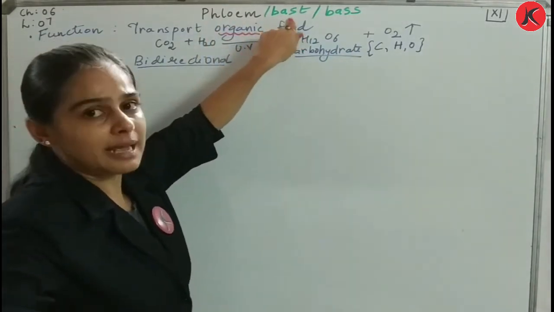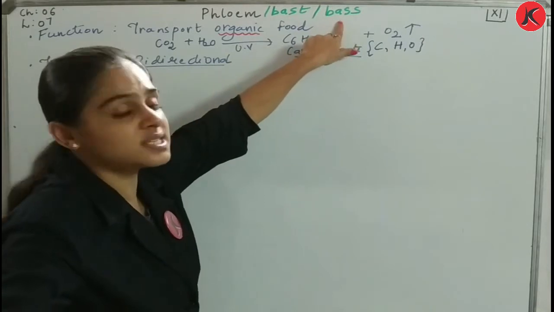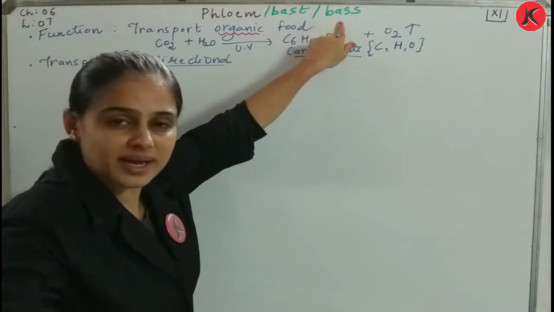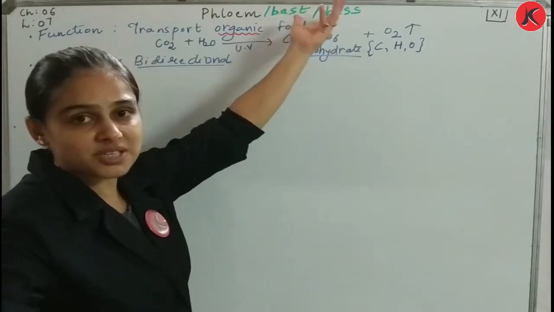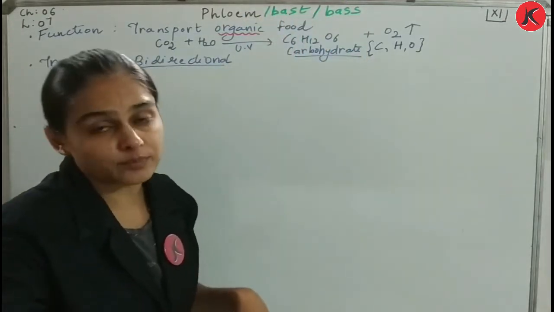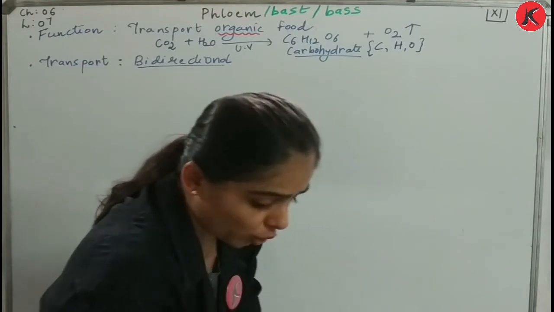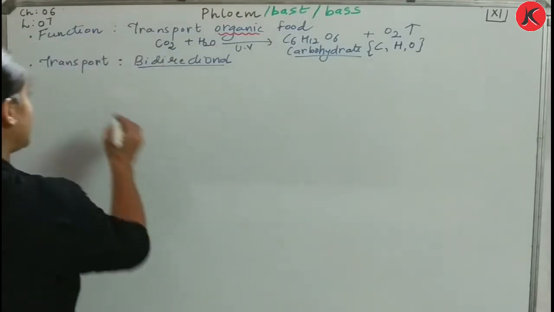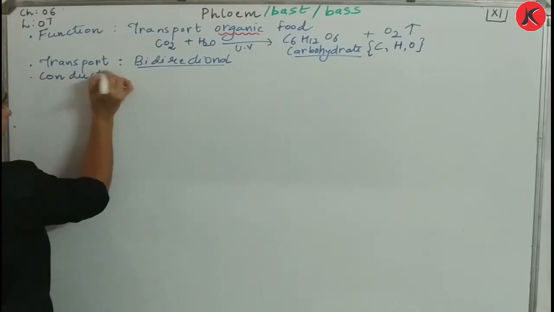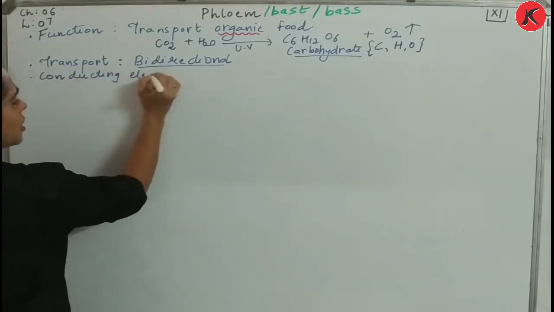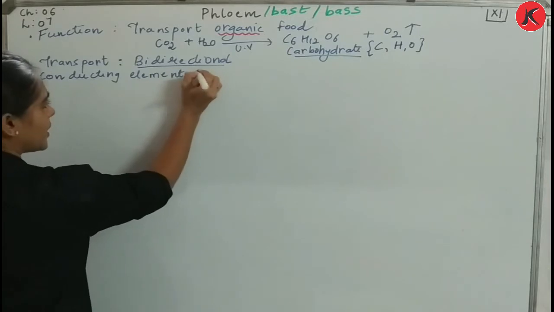It is phloem. उसका another name क्या है? Bast, or it is said as your base. Am I clear? So ये आपको याद रखना है. These are the other nicknames I can say of your phloem. Yes, and like I told you, the conducting elements of xylem, क्या बोला था हमने?